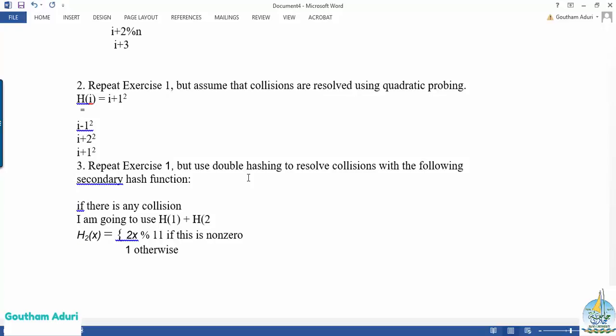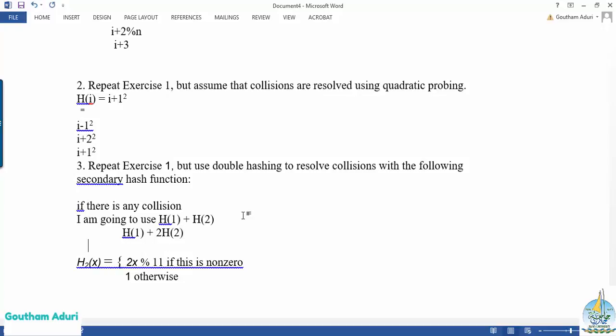So h1 is i mod n, h2 is 2x. If the collision is not resolved, I am going to continue with h1 plus 2 times h2. If the collision is not resolved, I am going to continue with h1 plus 3 h2. If still not resolved, I am going to continue till h1 plus 10 times h2.